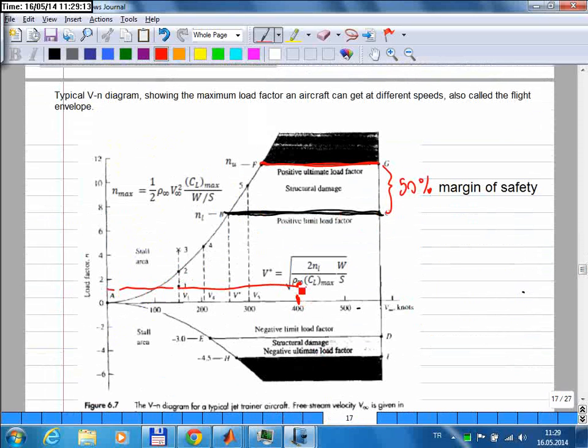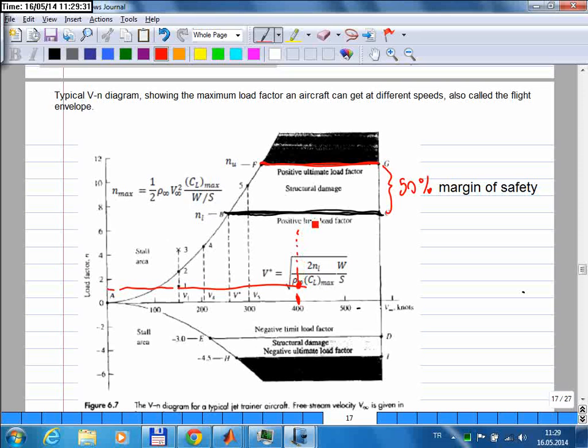So you bank the aircraft first, and while banking the aircraft, you increase the angle of attack by using the elevator, so that the altitude will not be changed. And while doing that, you will be increasing the load factor, right?